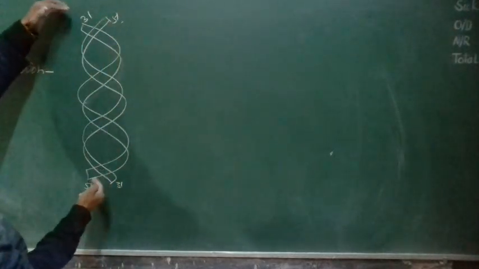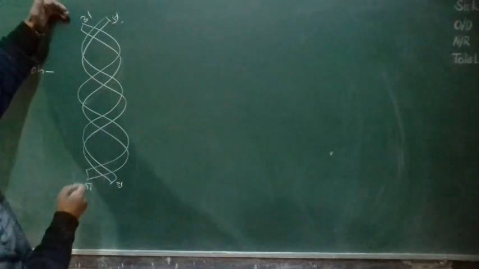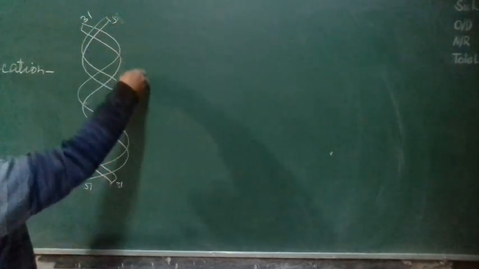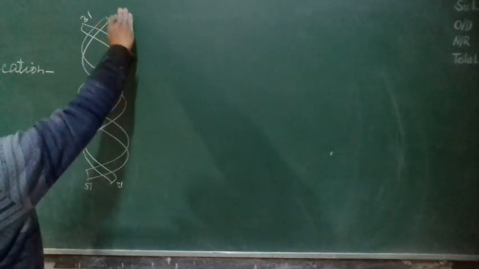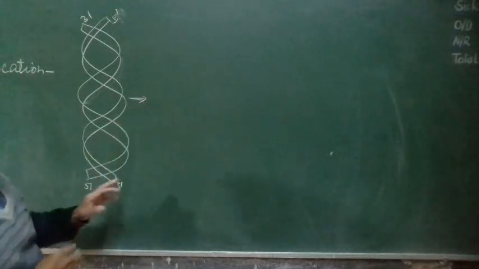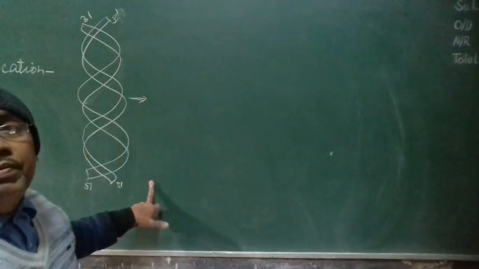Means both helices are anti-parallel, as you know the structure of DNA. And suppose this DNA undergoes replication, then what will happen?